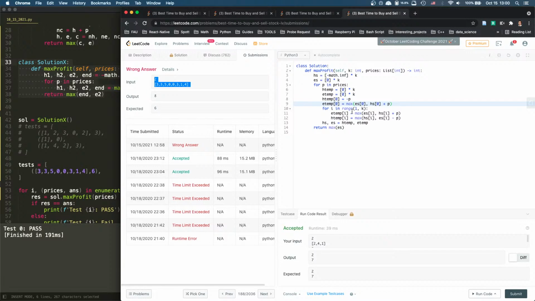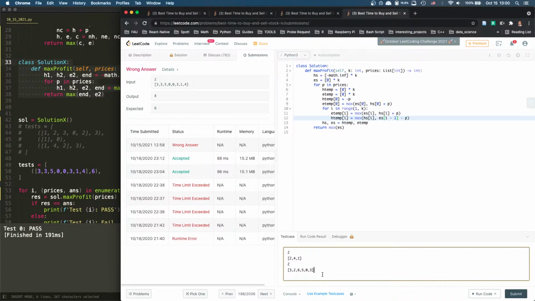Hold on. Oh, I think the H is wrong. The H is wrong. The H is ES I minus 1. So that's the case.